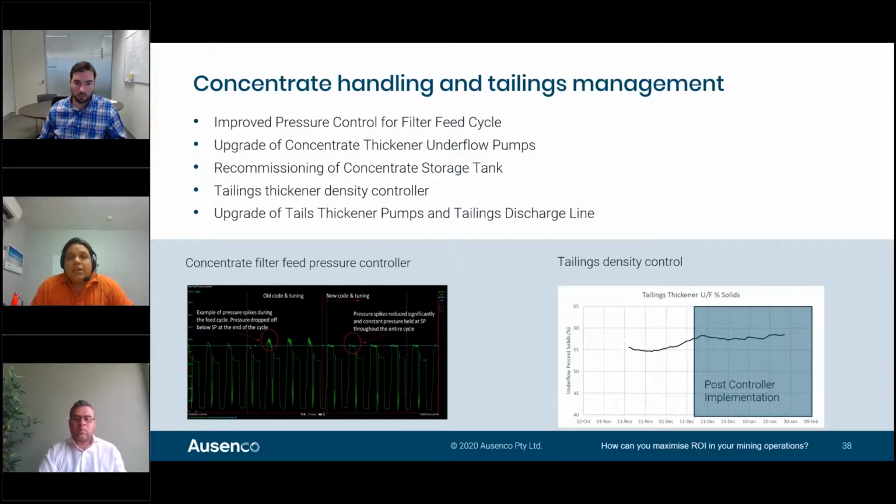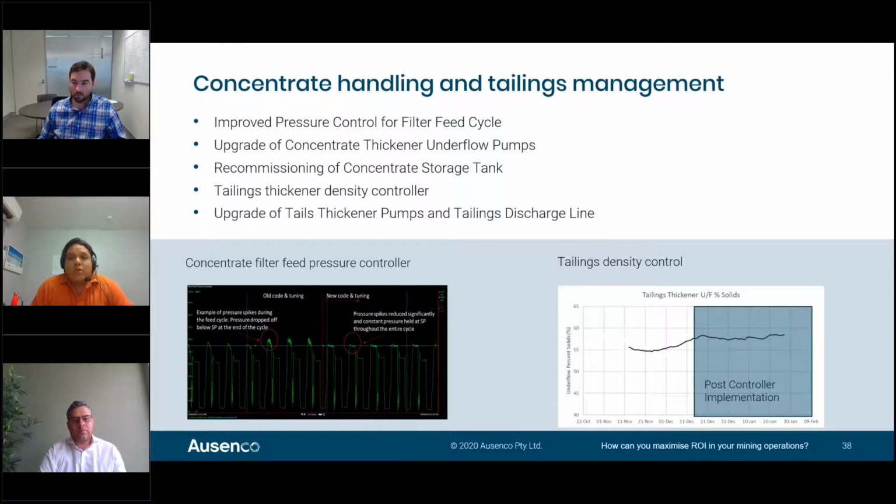And in particular to tailings, we developed an automated density control to improve water recovery, which, as you can see at the bottom right-hand side, became much more stable after the implementation of the controller in terms of achieving a higher thickener underflow solids density.